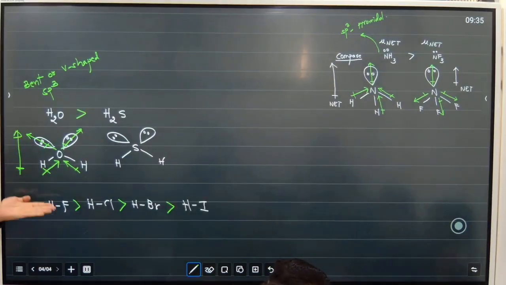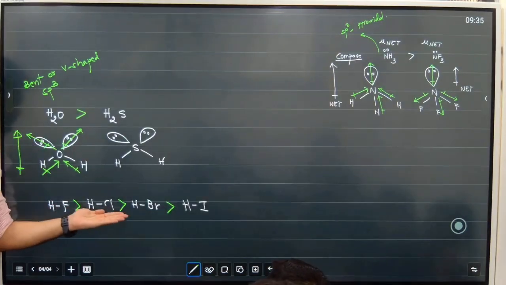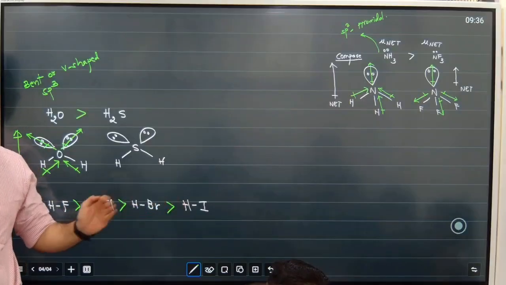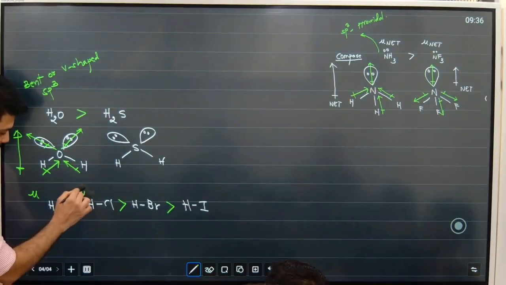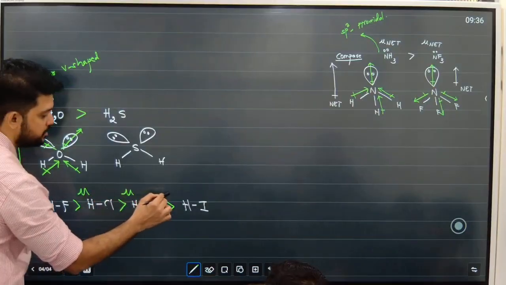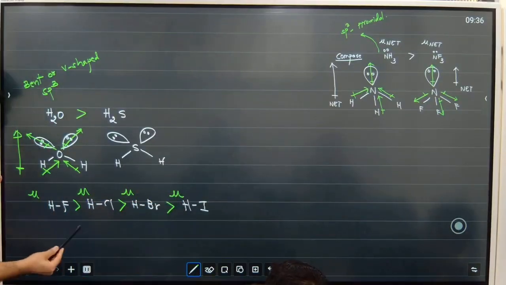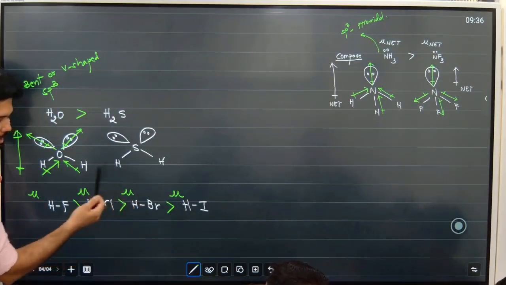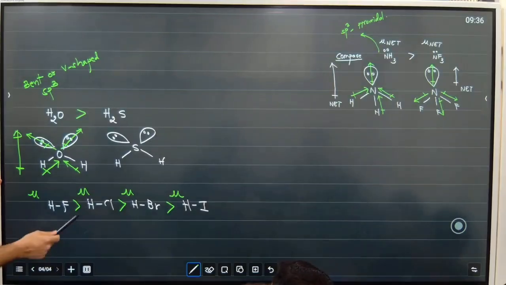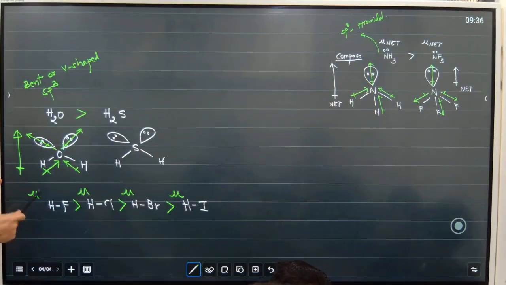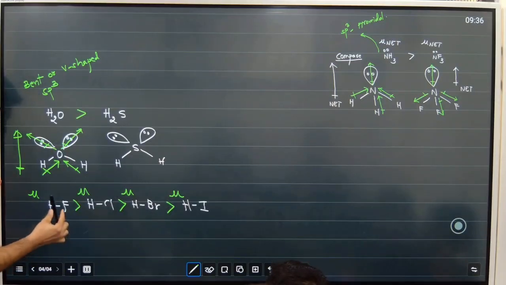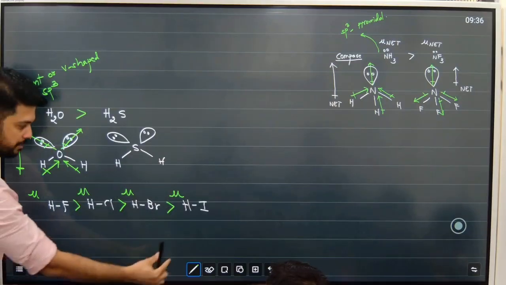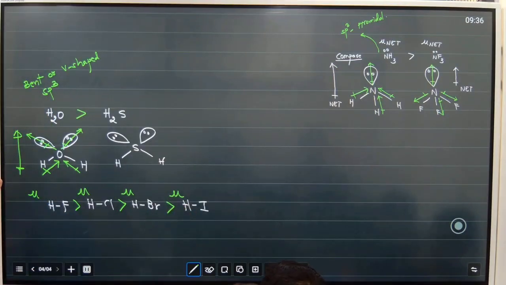So, a similar example, maybe we can compare HF, HCl, HBr and HI. Which will have the highest net dipole? HF, then HCl, then HBr and then HI. Why? It is a simple difference in their electronegativity values. Fluorine is the most electronegative. Everywhere we have hydrogen, so the difference in electronegativity is maximum in HF and minimum in HI.